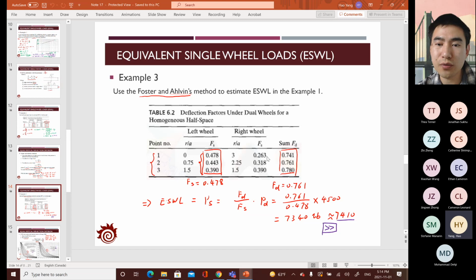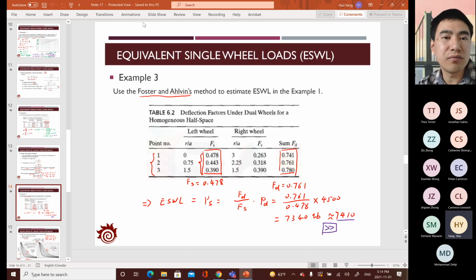With that, for the dual tire, there will be 0.741, the summation of these two deflection factors. This will be applied for the other two points for the single wheel and the dual wheel.